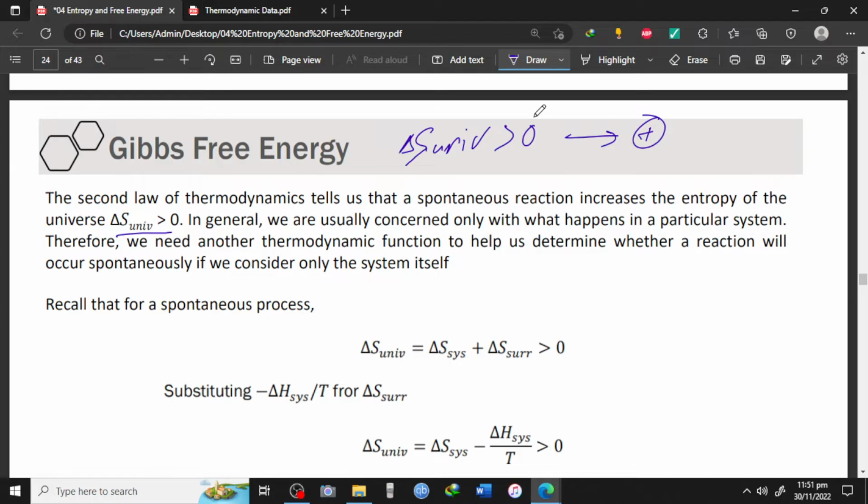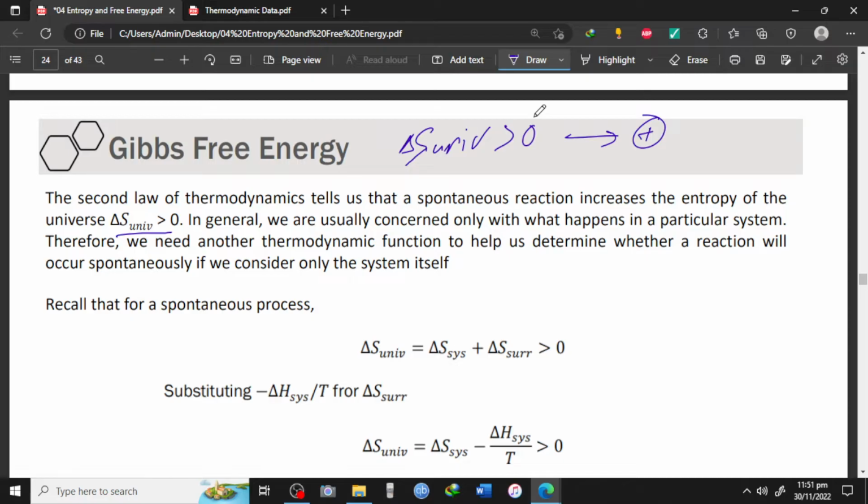Okay? So, with this issue, no, dahil nga medyo mahirap yung pagkuha ng delta S universe, kasi imagine mo na lang, para malaman mo kung spontaneous yung isang reaction, kailangan mo mag-solve ng two separate na values. Yung isa for the delta S system and yung isa for the delta S surroundings. So, talaga namang medyo pahirapan.